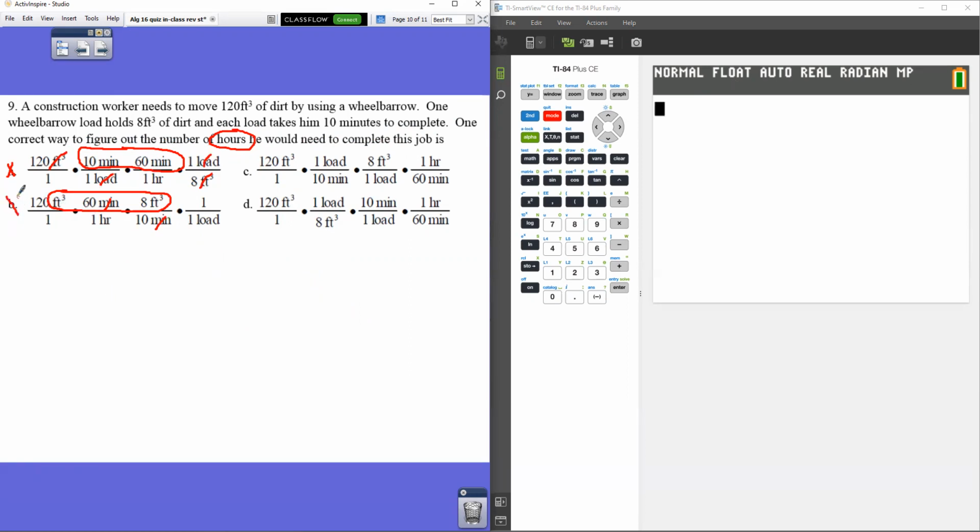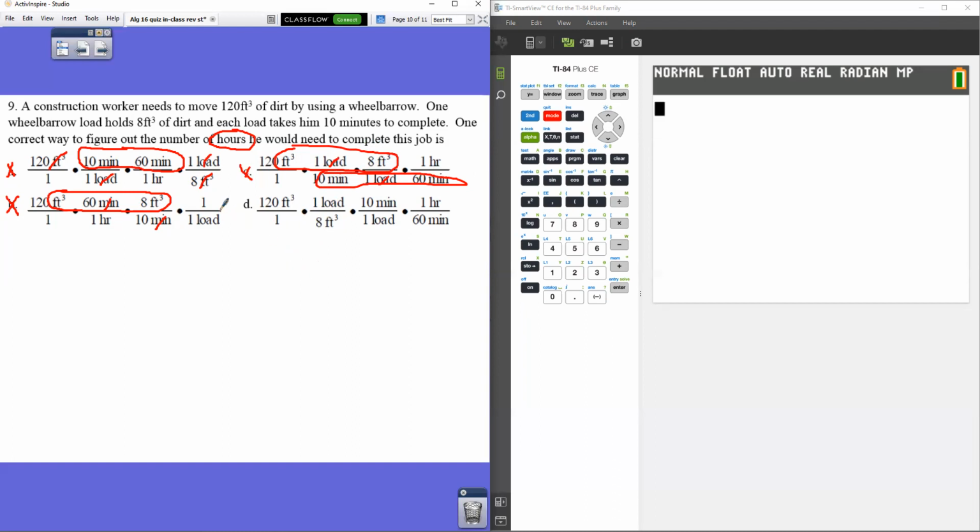That wouldn't make any sense, because remember, we want it to equal hours. In choice C, we would have load and load cancel out, but then we would have minutes squared across the bottom, and we'd also have cubic feet multiplied by cubic feet. We don't want that. That doesn't make any sense.